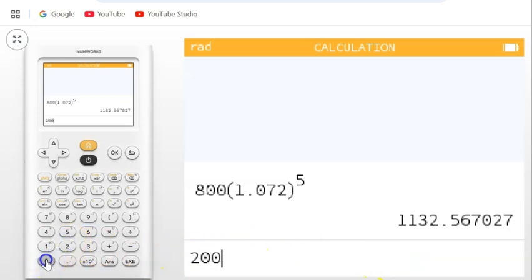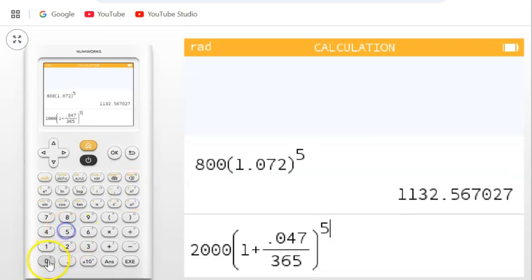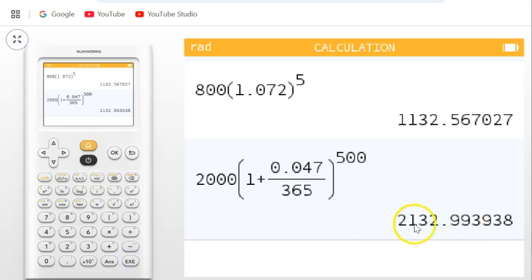So this is going to be 2,000 times 1 plus, and then 0.047 divided by 365, close parenthesis, to the power of 500. And I hit enter and I get 2,132.993. So really this is 99 cents.